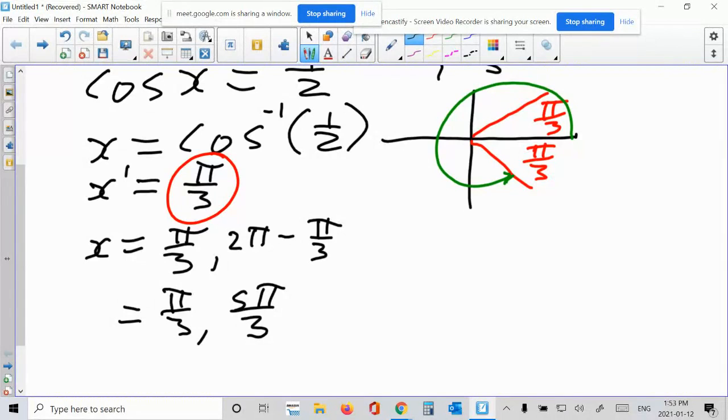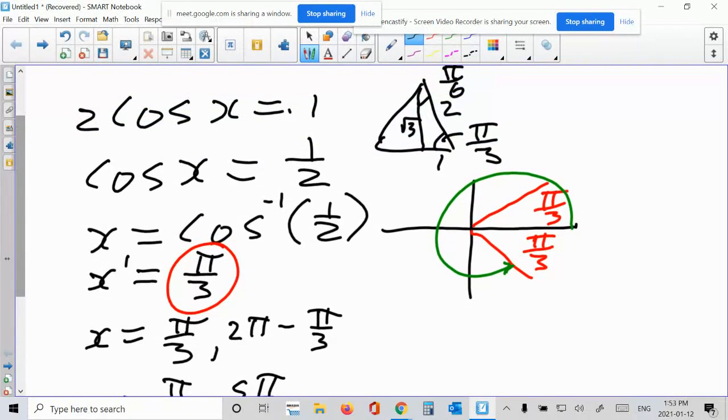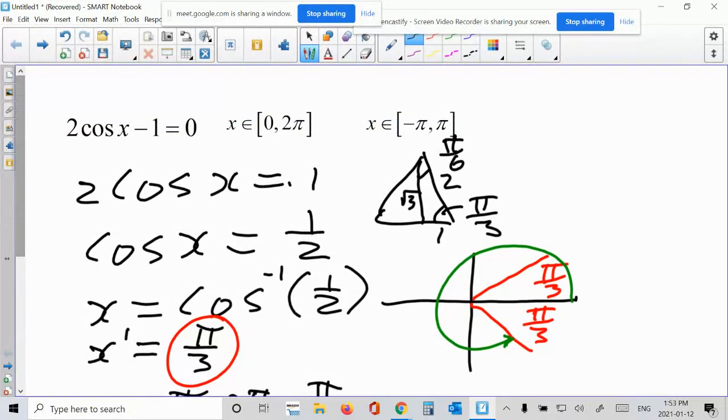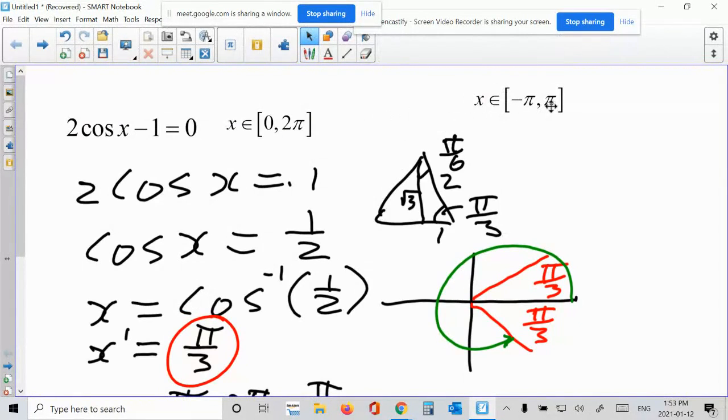I need to know where cosine is positive. Why? Because when I asked for the cosine inverse, it was of a positive a half. If that had been a negative a half, I'd be asking for a different quadrant. I'm going to leave for now answering the same question if I was going from minus pi to pi. If we have some time at the end, we'll come back and look at that as well.